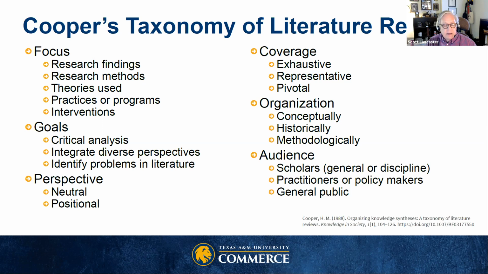You can go either from the most recent to the earliest, or from the earliest to the most recent, and then you're looking at the development of ideas over time. Or it could be methodologically, where you're dividing it up by the different methodologies that the various sources you're looking at used.